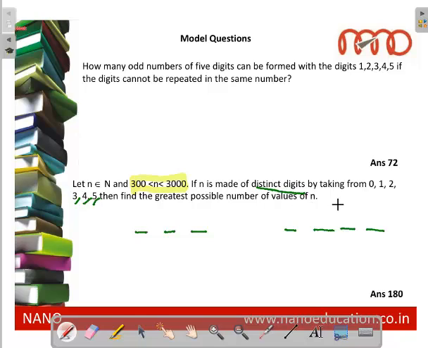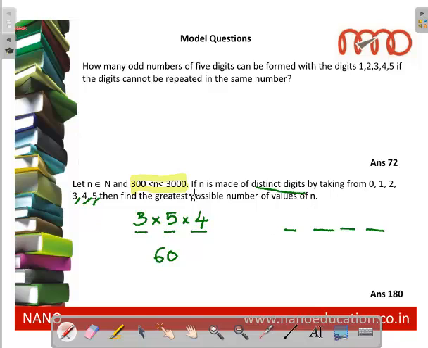I cannot use 0, 1, 2, so I can use 3, 4, or 5 in 3 ways. Once the first digit is filled, for the next digit I can use any of the remaining 5 digits, and for the last place any of the remaining 4 digits. So 60 3-digit numbers can be formed.